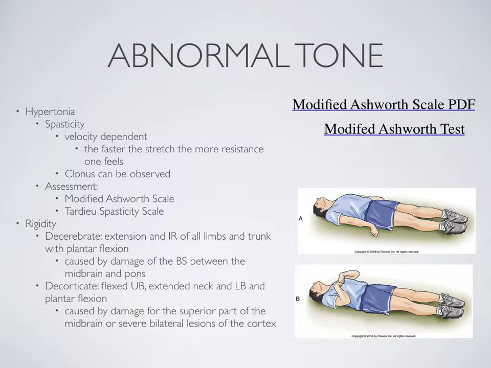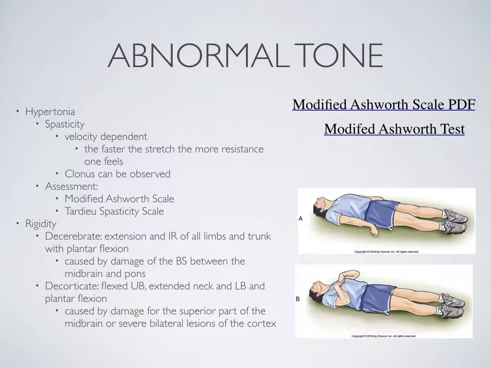So the decerebrate, we're going to see more extension, okay? We're going to see extension, internal rotation of the hips and the shoulder. We're going to see flexion of the wrist and then flexion of the ankle. And we're going to see extension of the neck. Usually this damage is between the brainstem, the midbrain, the pons, okay? So between that midbrain and pons is when we're going to see image A, that decerebrate, okay?